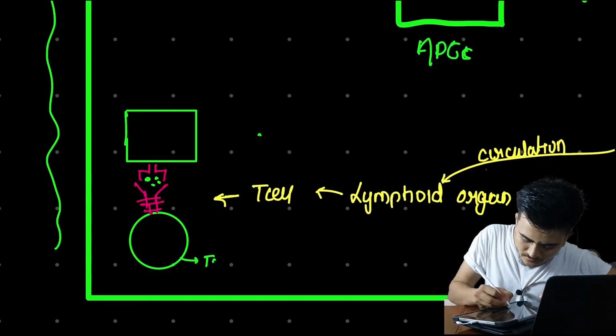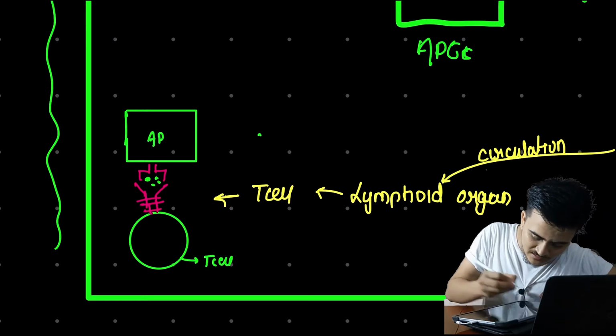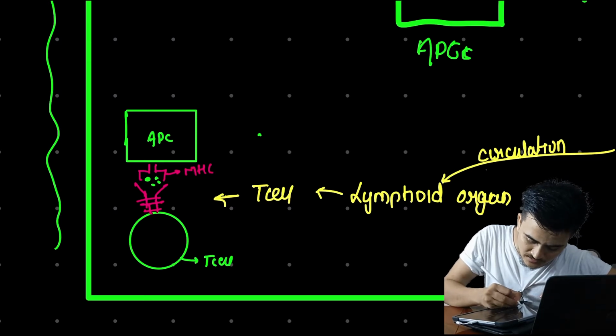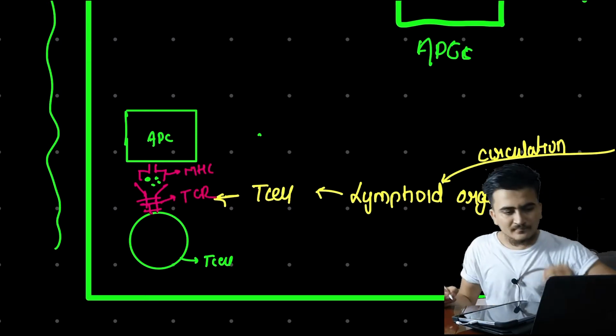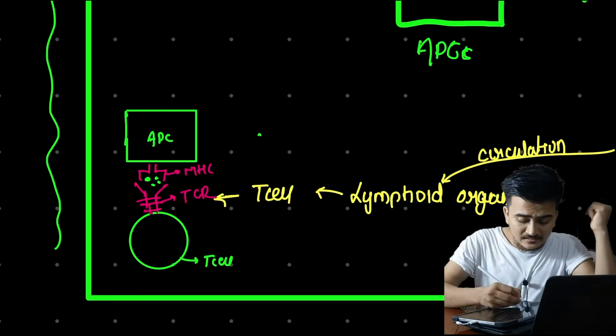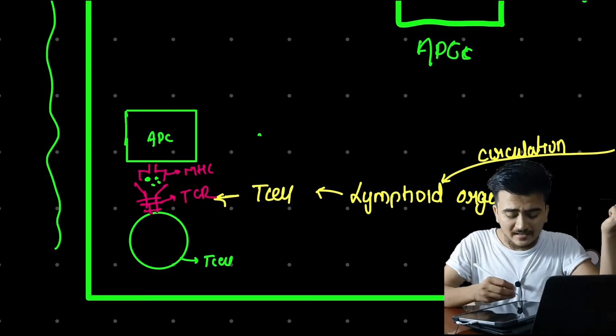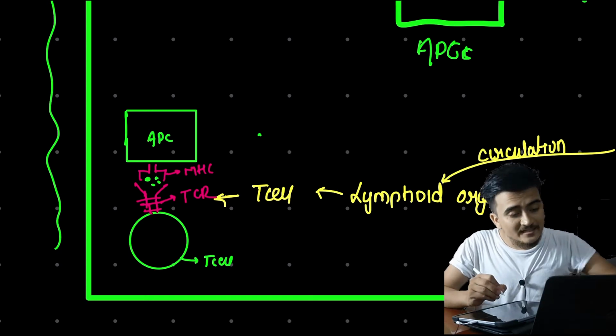This is our T cell, this is our APC cell, and this molecule is MHC, this is TCR. And that is how these antigens are presented to the T cell, and after this the T cell becomes active.